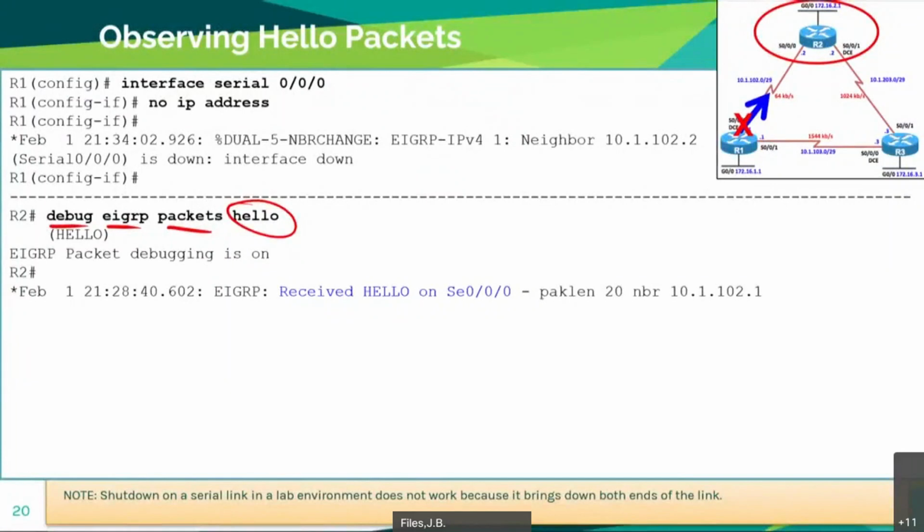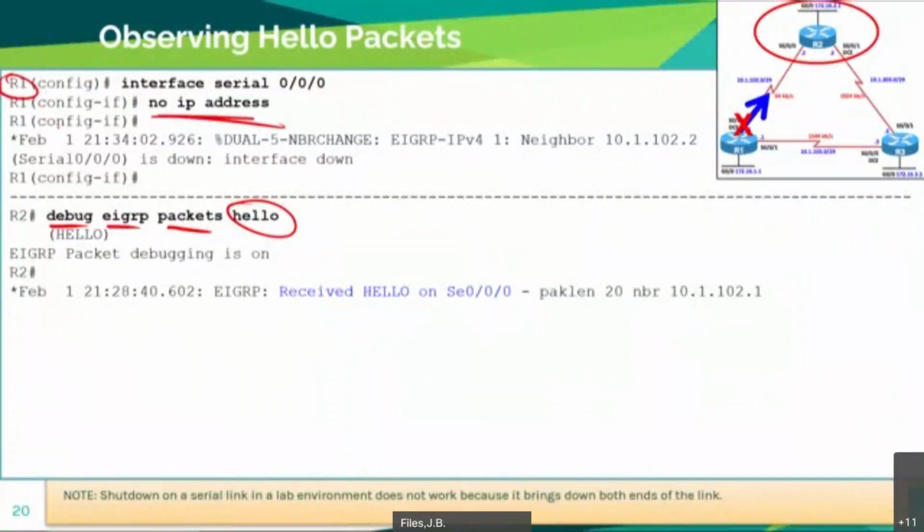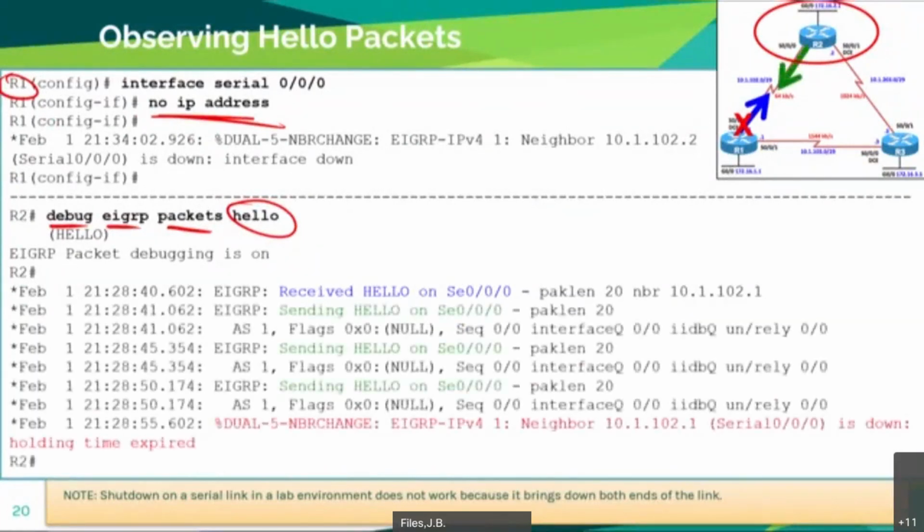Remember, we're on R2. And then we did this on R1, which means now that it's down at layer 3, well, routing is a layer 3 concept. If the interface is down at layer 3, we're not routing on that interface anymore. Okay, so we're no longer going to receive any hellos from that interface.